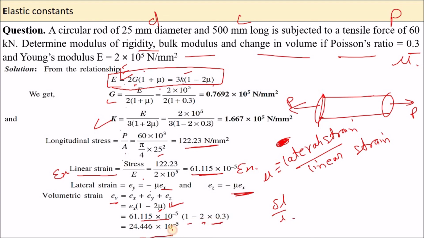From that we got the volumetric strain. Complete. It asks for the modulus of rigidity G, bulk modulus K, and change in volume. All clear? Thank you very much.